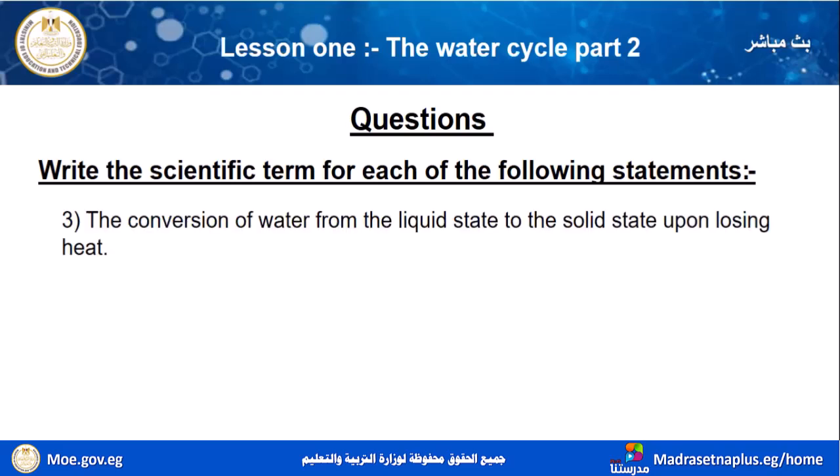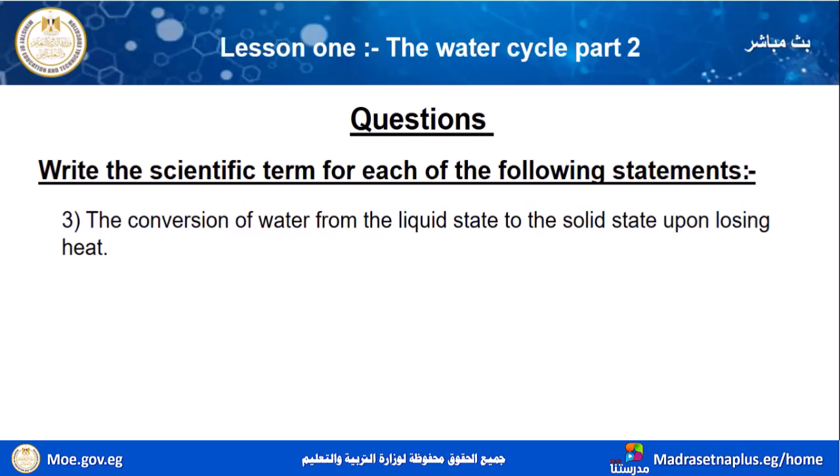Question number three. The conversion of water from the liquid state to the solid state upon losing heat. Listen to me. It's a process in which water changes from liquid to solid by losing heat. So liquid means water.